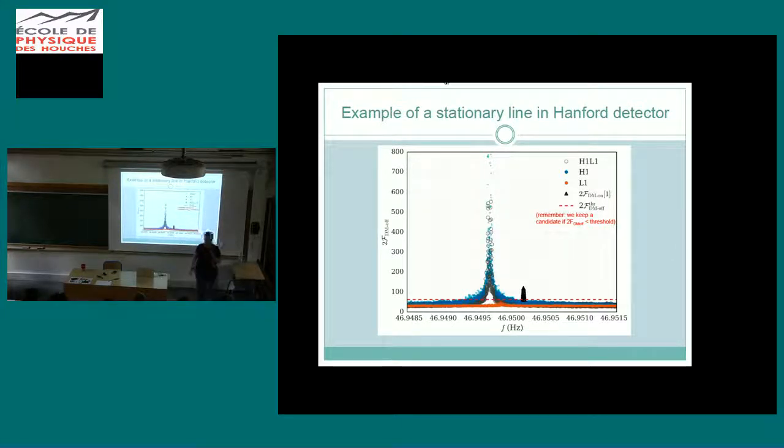We thought, okay, let's redo the search, but this time let's switch off the Doppler demodulation. You remember, you have a sky position, and what the coherent search does is bring the signal back to looking like a sinusoid, which it doesn't look like because it has the Doppler modulation due to the relative motion of the Earth around the sun and around its spin axis.